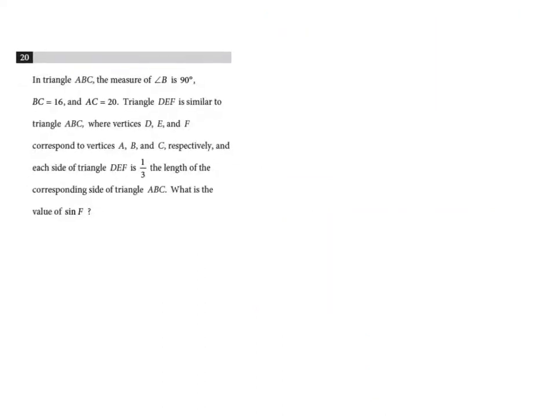Okay. In triangle ABC, the measure of B is 90 degrees. Alright, well, I'm just going to sketch this out real quick. B is 90 degrees. BC is 16, and AC is 20.